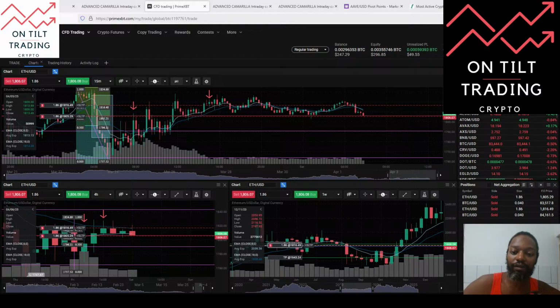So we're going from S4 down to S10 as my profit target. Usually I'll go for an S4 to an S6, but just based on my charts, this looks like the next viable target here. The same thing with Bitcoin.